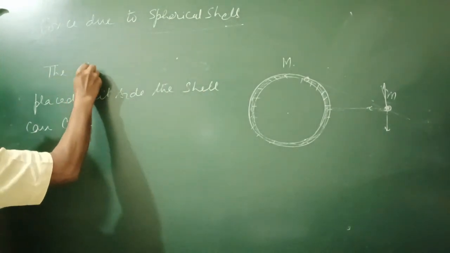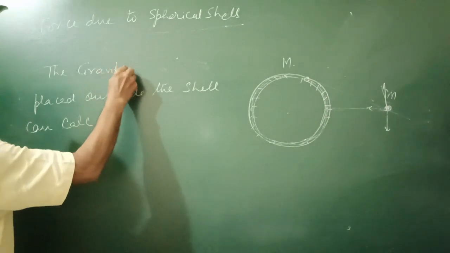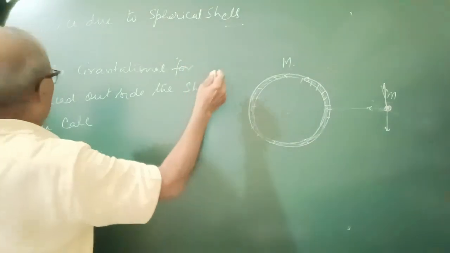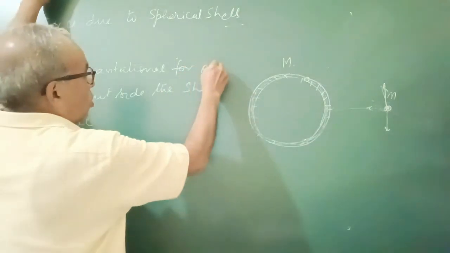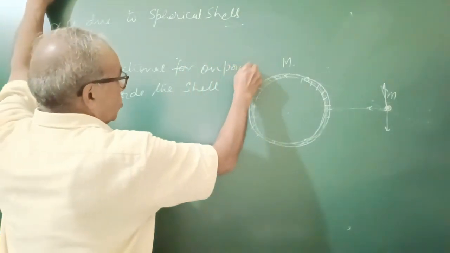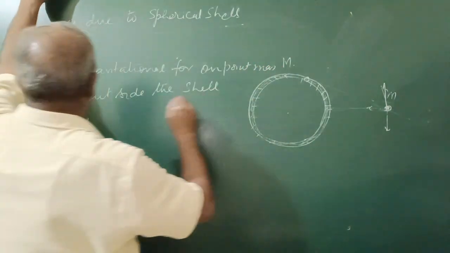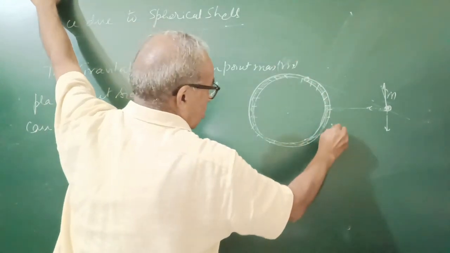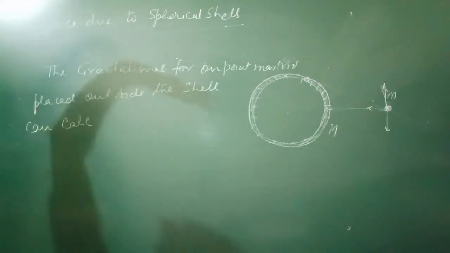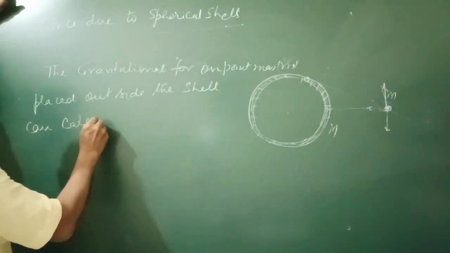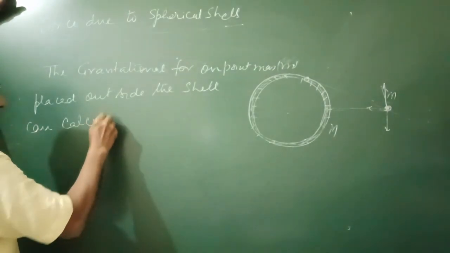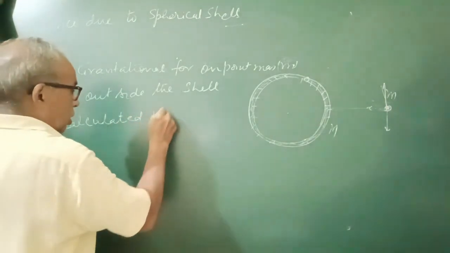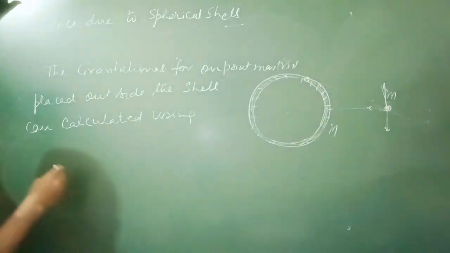The gravitational force on point mass m placed outside the cell can be calculated using Newton's law.